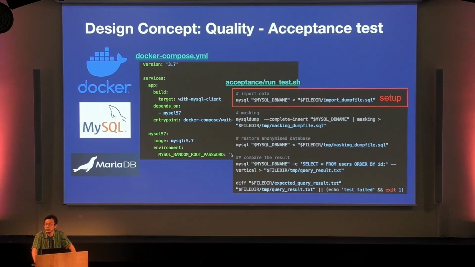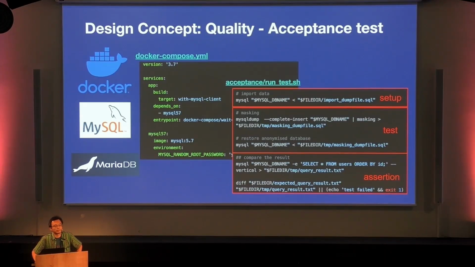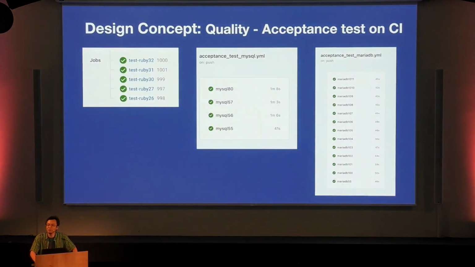Just set up, as I showed you in the demo, importing data, and then test it with the real command, masking dump and anonymised, and then compare the result, assertion. When I set this up and put it on CI, I can test every version automatically in the CI. This makes me more confident.